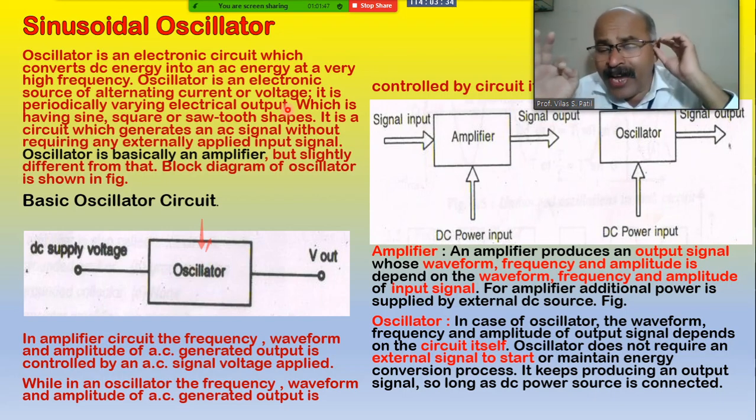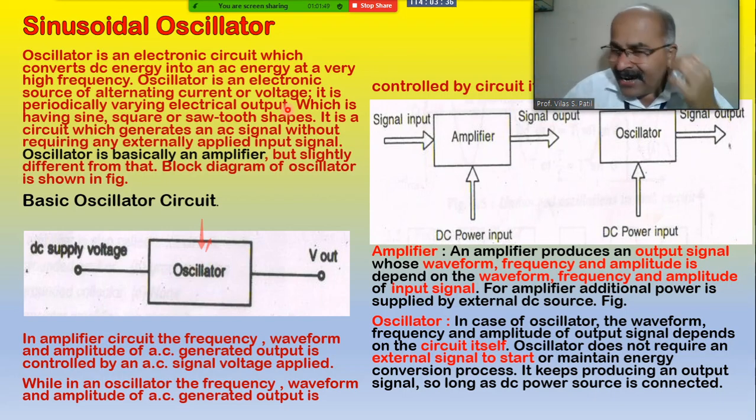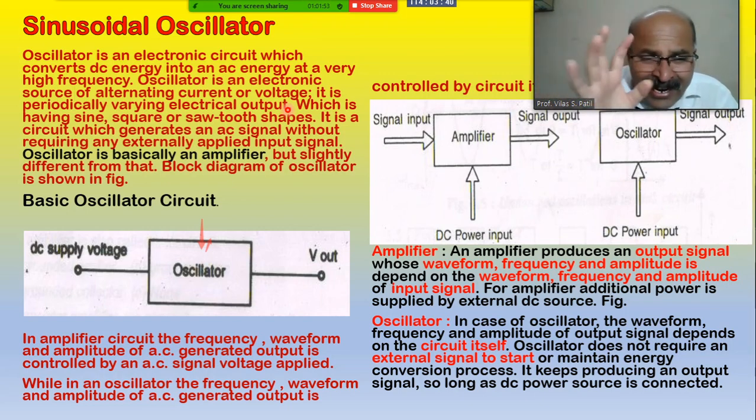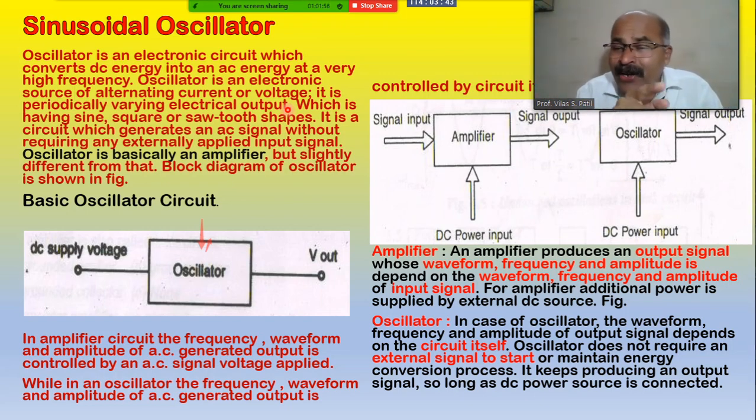It gives the varying voltage and current, means whose output is oscillatory. That electronic circuit is known as an oscillator or the sinusoidal oscillator.